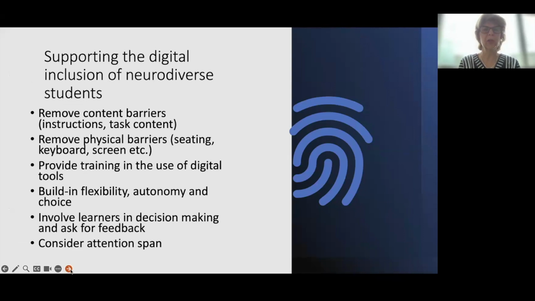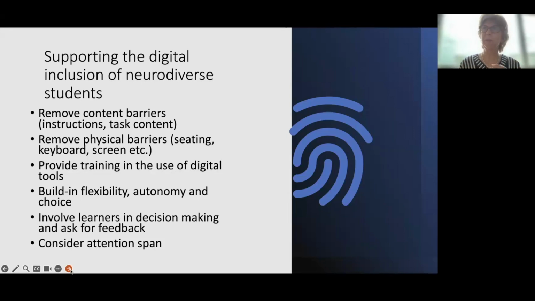Supporting the digital inclusion of neurodiverse students can be done by removing content barriers in terms of instructions, task content, removing physical barriers such as how they sit at their tables or desks and at their computers, how the keyboard is arranged, the screen, providing training in the use of digital tools.